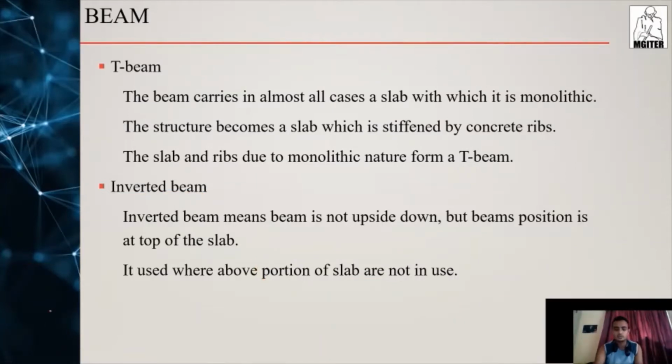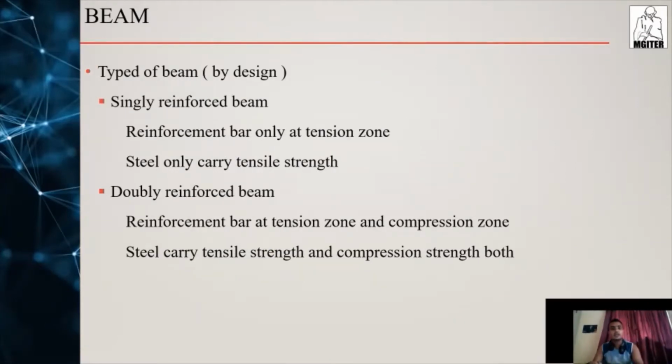These are the simple beam definitions and types of beam. By design, first is the singly reinforced beam, with reinforcement bars only in the tension zone, as we discussed earlier, and steel only carries tensile strength.